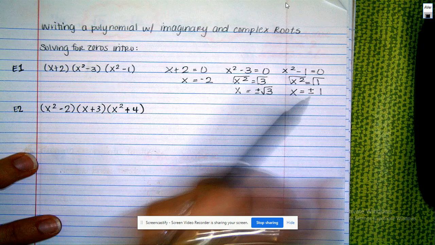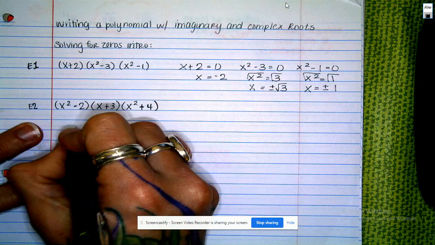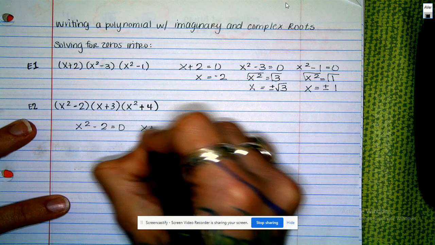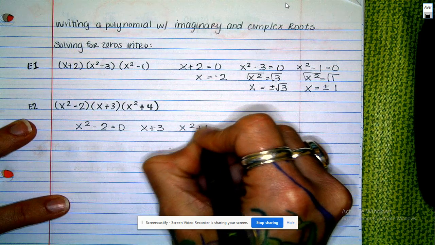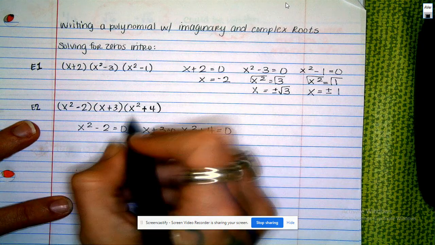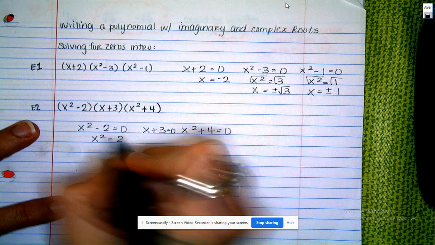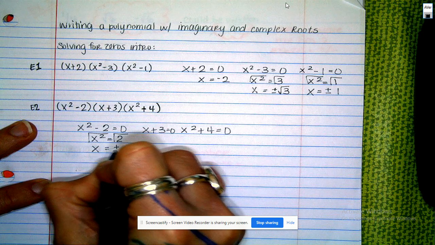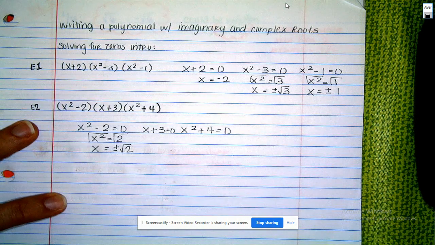So again, if I do x squared minus 2, and by all means, if you want to pause your video and try these real quick and try to solve for just the zeros, so maybe it helps you understand why we're working backwards. So add 2, take the square root to get rid of the squared. So x is equal to the plus and minus of the square root of 2, or whatever decimal that might be.